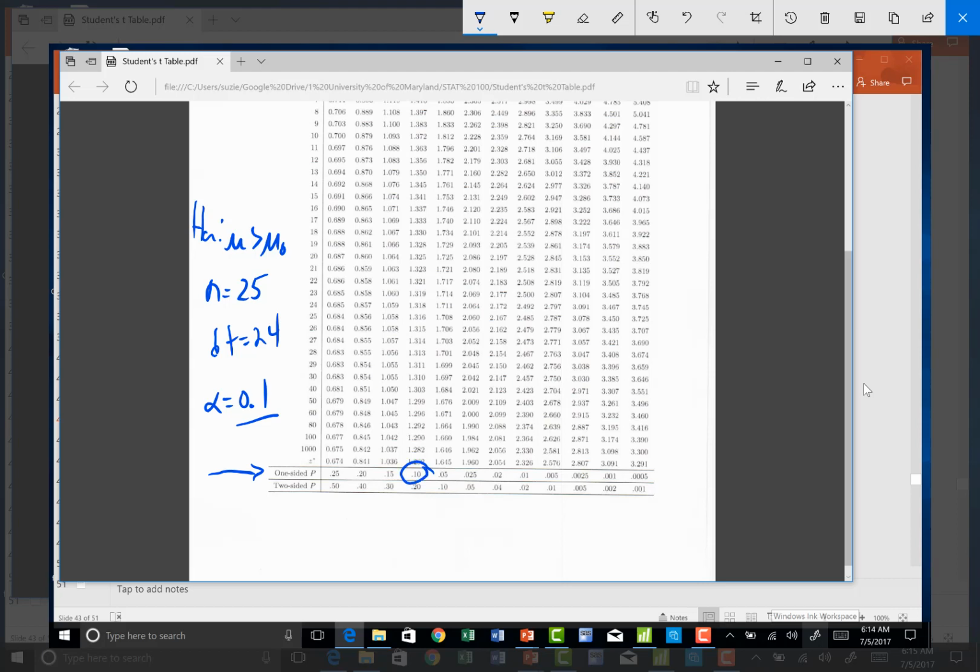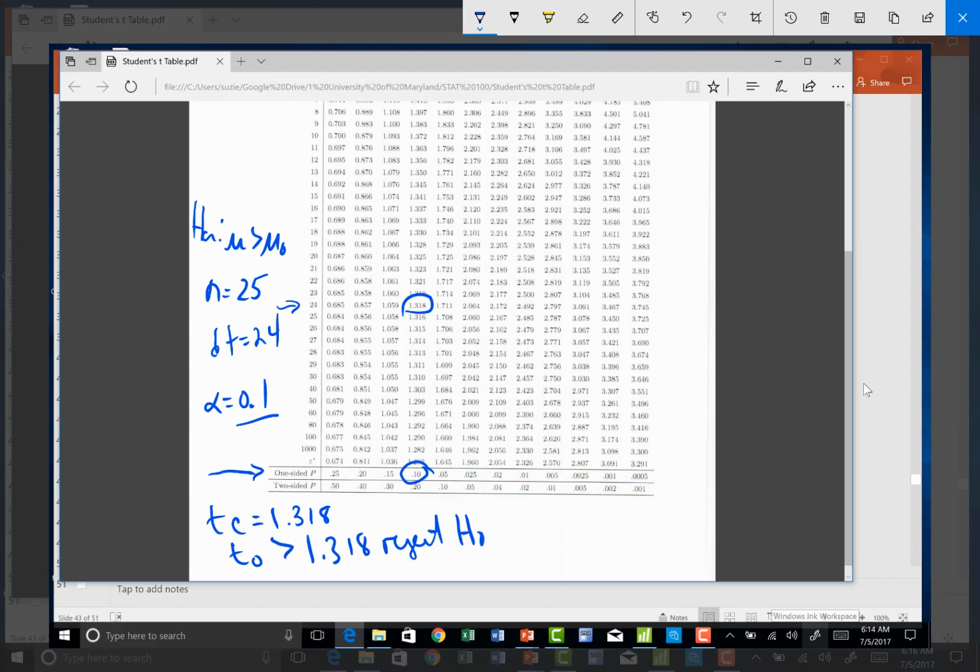So I have to look at my degrees of freedom of 24. And where these intersect, that's my critical value. So t critical is 1.318. So if my test statistic is greater than 1.318, I would reject H naught.